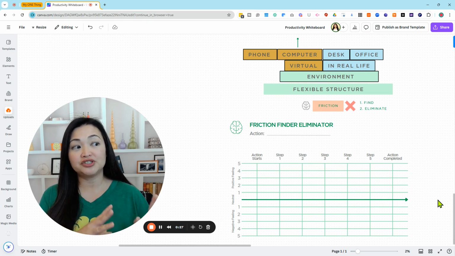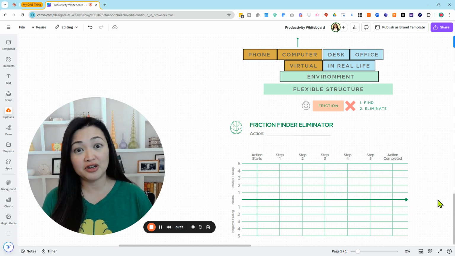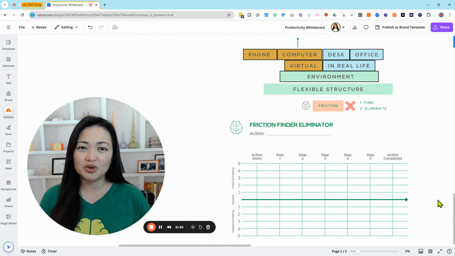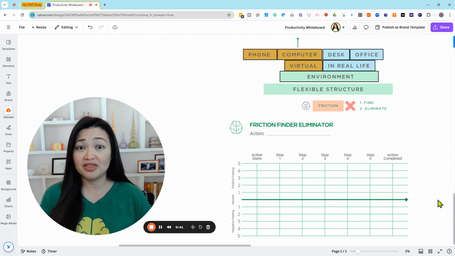But the goal of a friction finder eliminator is to be a detective for yourself. As I mentioned when I was talking about friction, it's usually very difficult to figure out what is really stopping us from doing something. And if you ask someone that directly, usually they don't know how to answer because they haven't really thought it through.